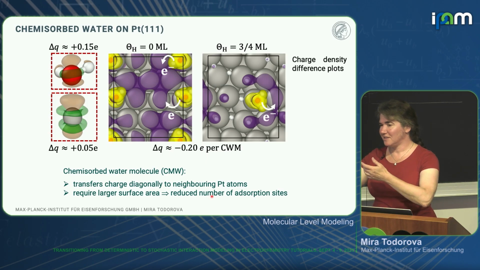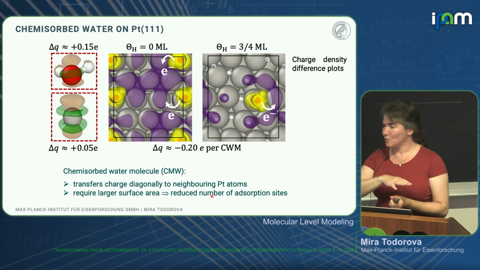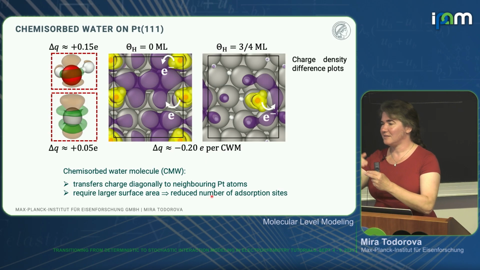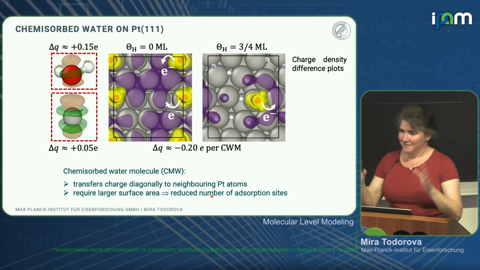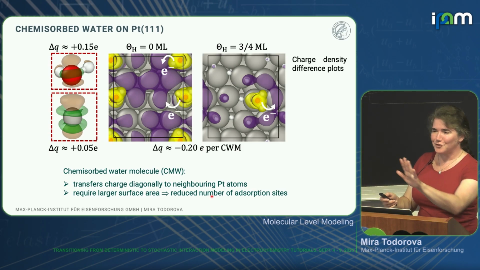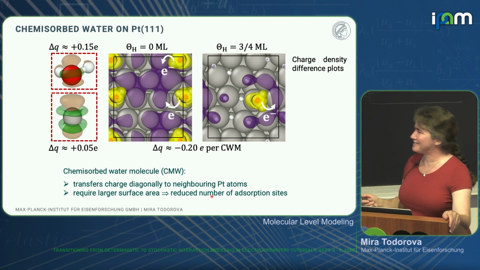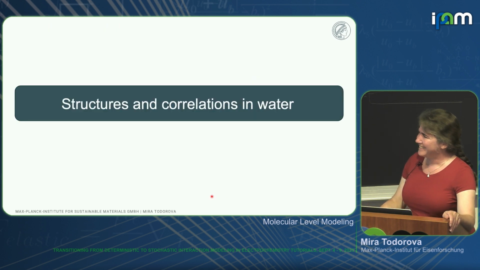Of course, in a DFT calculation, it is sometimes easier to just put the charge, change the coverage, and then see what is the effect on the potential. So this is the way we went here. So this is the working electrode, the money electrode. I like your expression.